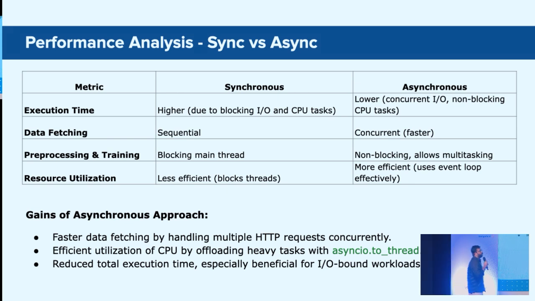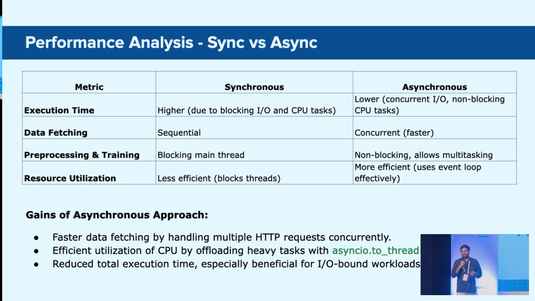So if we compare now between synchronous and asynchronous machine learning pipelines, first and foremost metric is the execution time, which will be higher in the case of synchronous machine learning pipelines due to blocking I/O and CPU-bound tasks. In the case of asynchronous, it will be comparatively lower because you are running it concurrently.